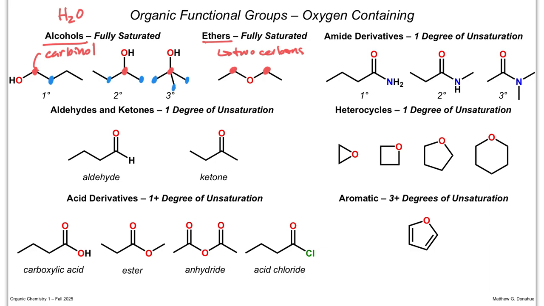As we get through these functional groups, we're going to have a summary slide on how the bonding arrangements impact the physical properties. So from an alcohol to an ether, since you're substituting that H with another carbon, ethers in general will have lower boiling points than alcohols.